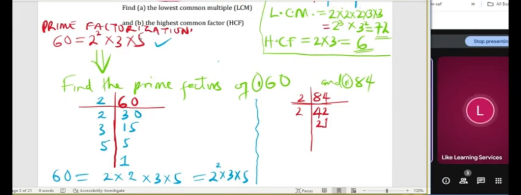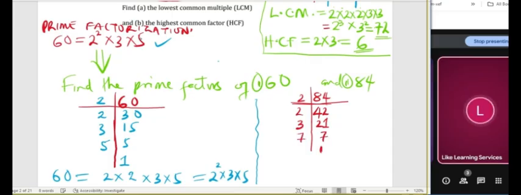Okay, what can you use again? You can also use 7. No, you shouldn't jump any; make sure you exhaust all the lowest prime factors. 3. 21 divided by 3 is 7.